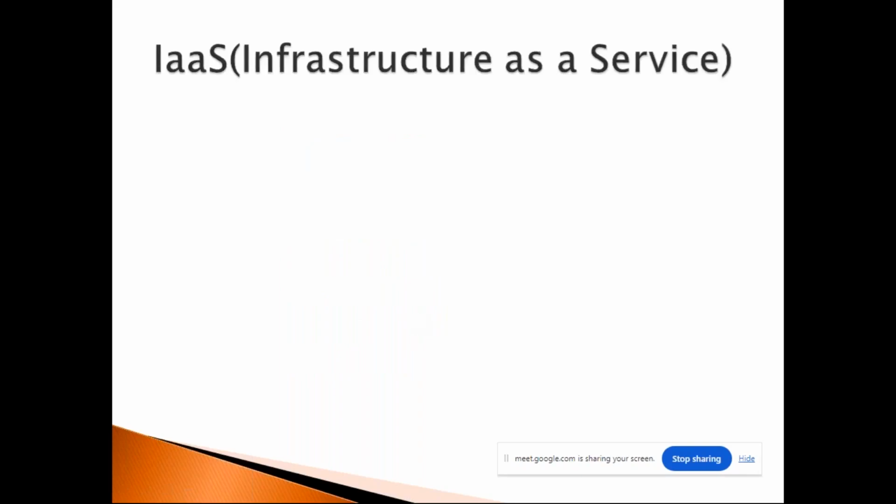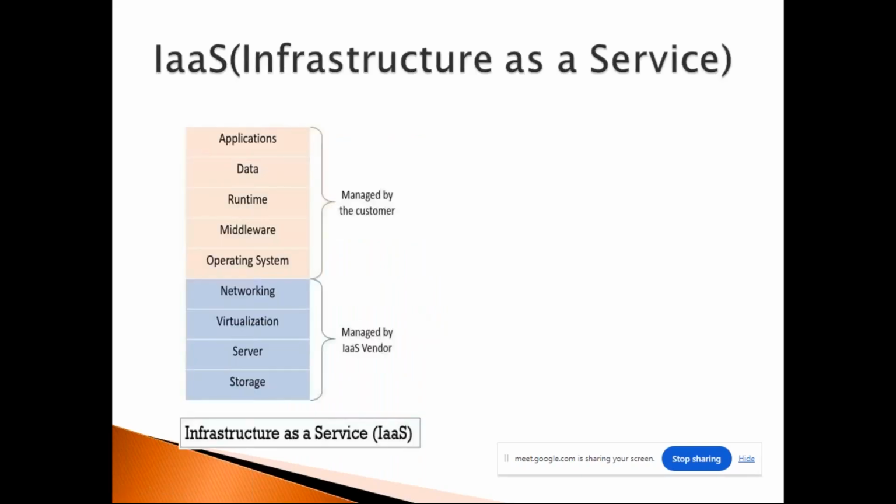When you come into infrastructure as a service, your storage, server, virtualization, networking, these are managed by the service provider, either AWS or Azure. They're going to provide the hardware. You want to install the operating system? I need a server.